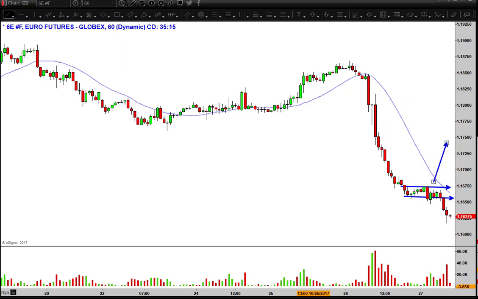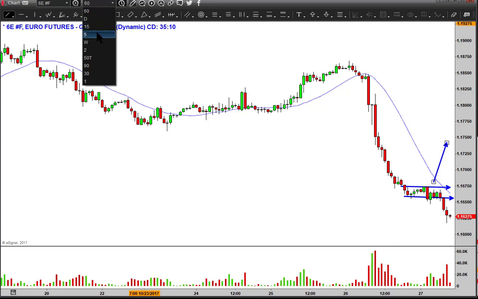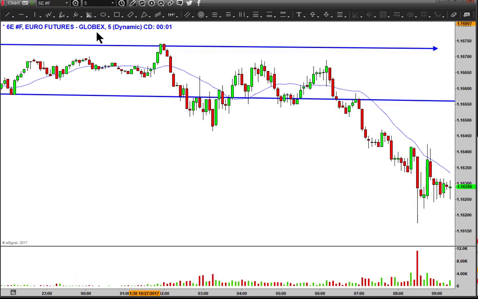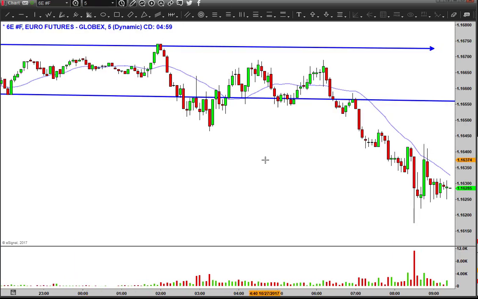Now, what if you wanted to go down to an even smaller time frame? I don't think I would suggest you do that at this point in time because of how extended it is here intraday, but let's just entertain the thought for a moment and go down to a 5-minute time frame. And here you see that shelf that I showed you on the 60-minute chart.